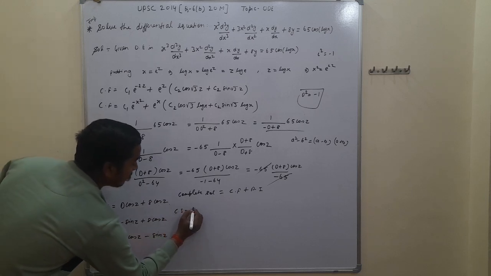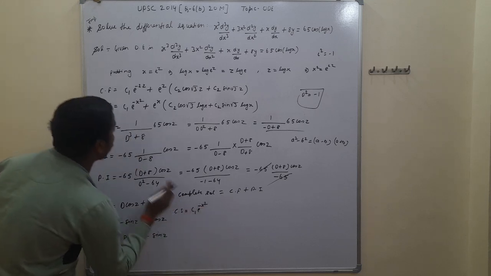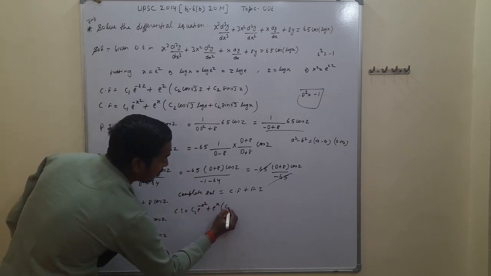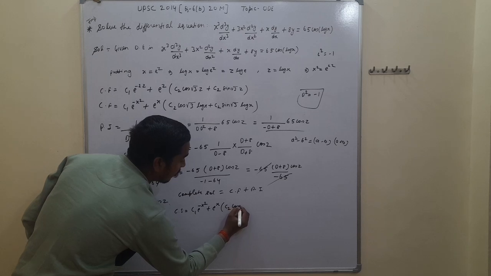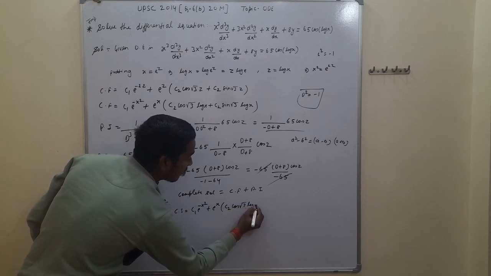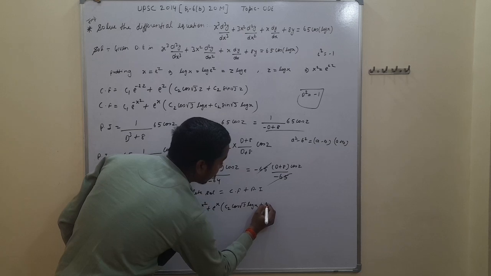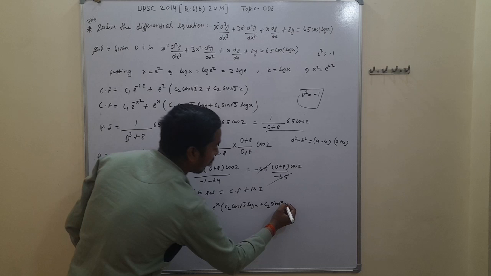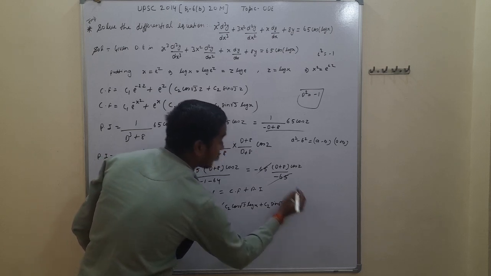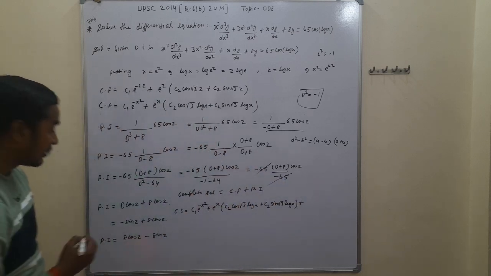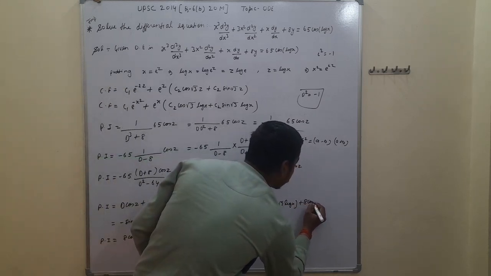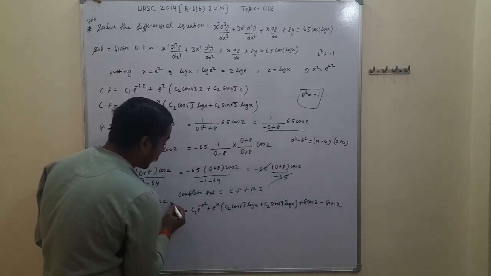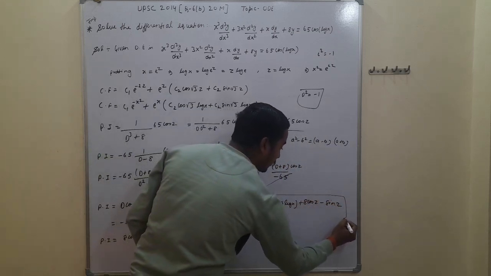This is given by c1 e to the power of minus x square plus e to the power x into c2 into cos root 3 log x plus c2 sin root 3 into log x, plus we add the particular integral. This is given by 8 cos z minus sin z. This is the final solution of the given differential equation.